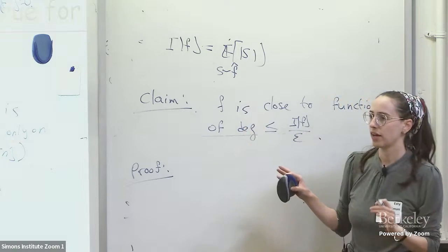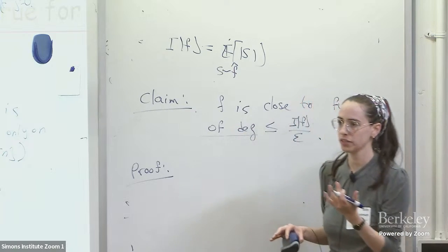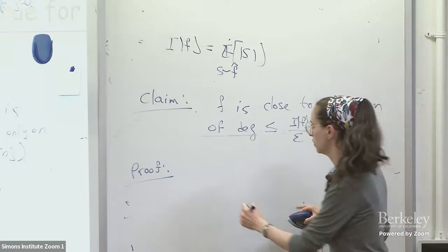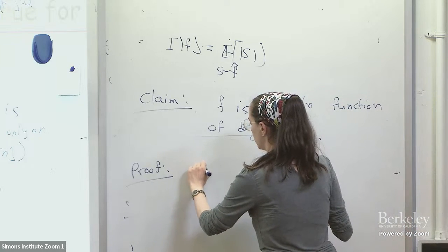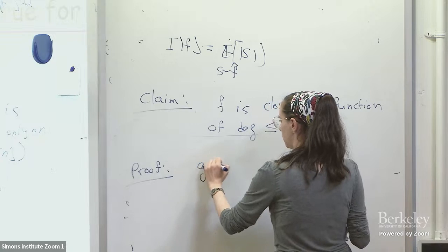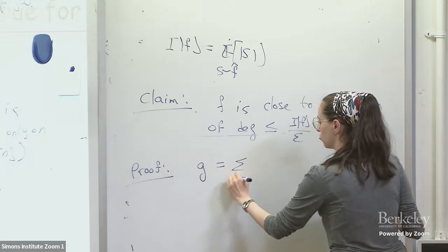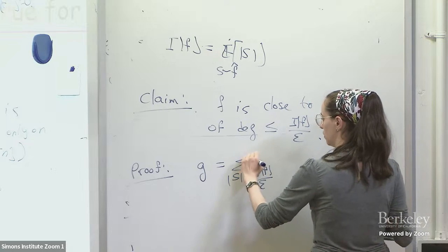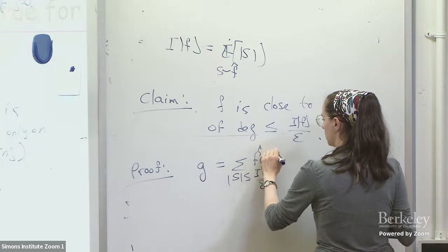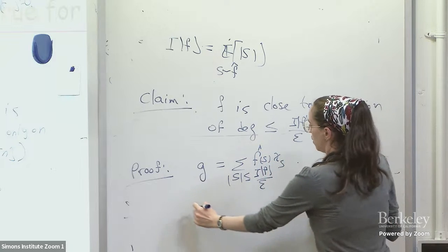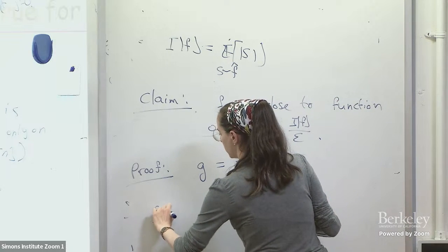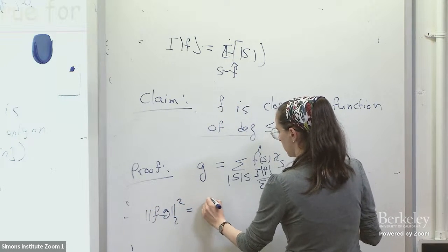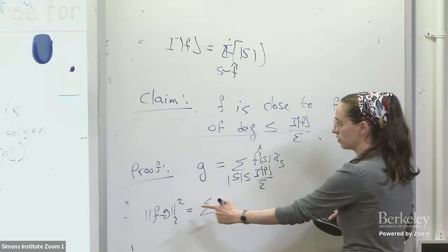If we just take the tail of F and remove it, we get a low degree function G. Let's show that this function is close. The L2 norm of F minus G is the distance between them.